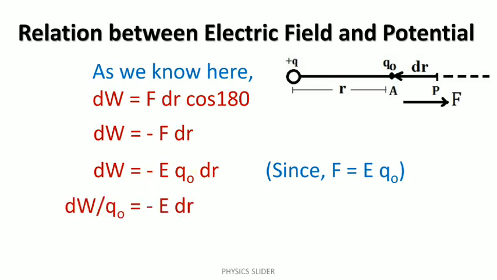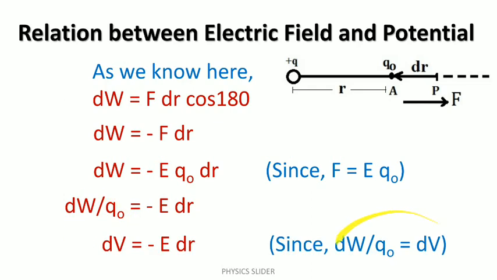Now take this Q naught to that side in the denominator, so this becomes dW upon Q naught, and this dW upon Q naught we can take as dV. This is from the definition of electric potential. Electric potential is given as the work done upon charge, so the small work done upon charge is equal to the small potential.